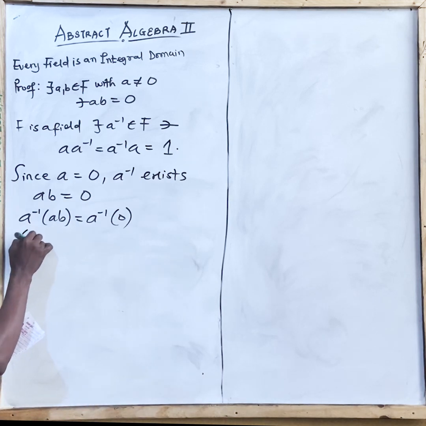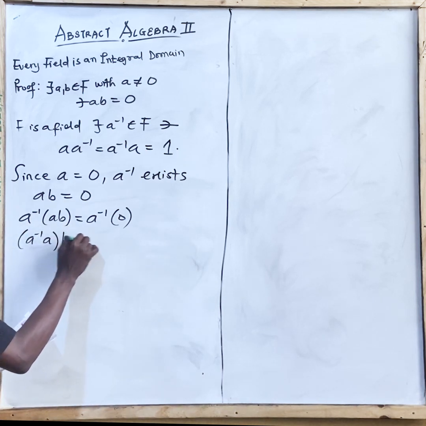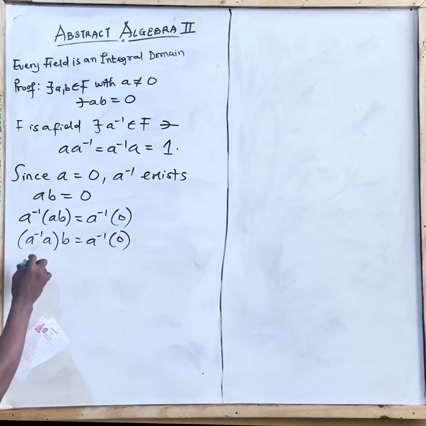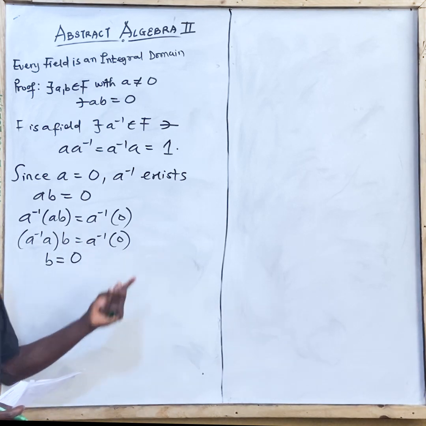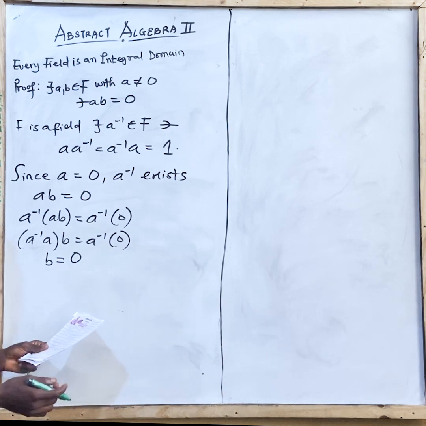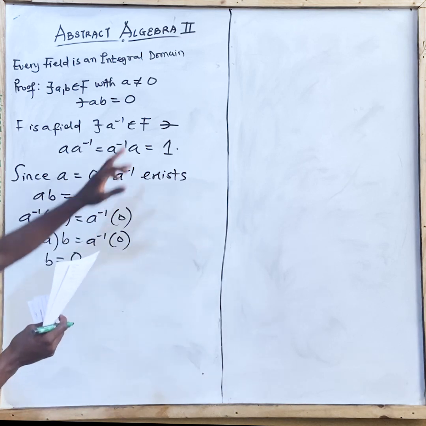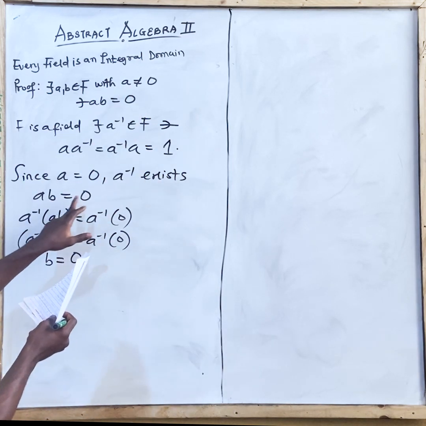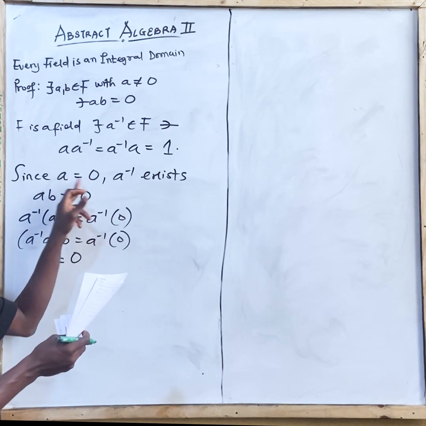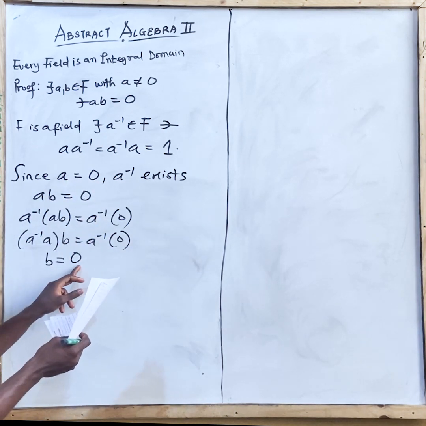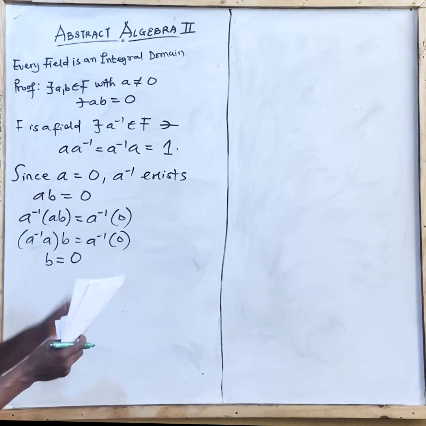So I can write A inverse A times B equals A inverse of 0. From the multiplicative inverse, A inverse A equals 1, so B equals 0, because anything times 0 gives 0. So I've been able to show that if A is a non-zero element, B is a zero element, such that AB equals 0.